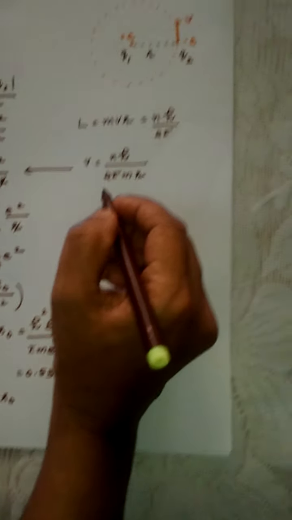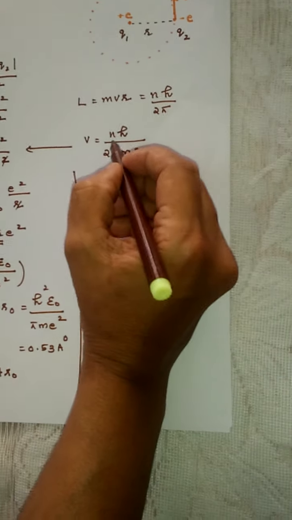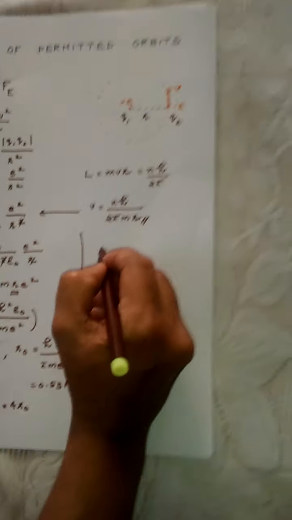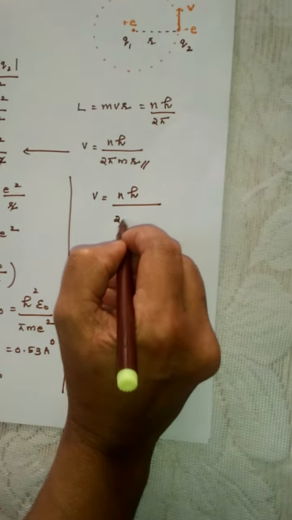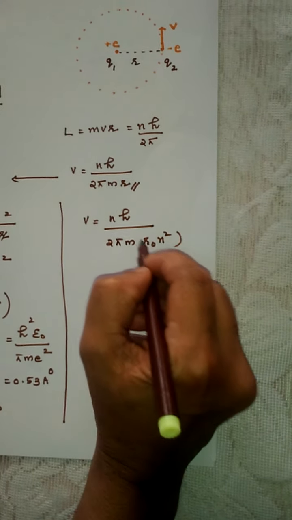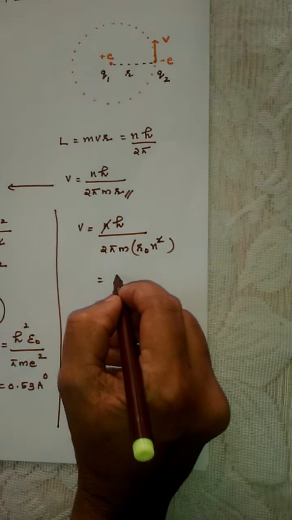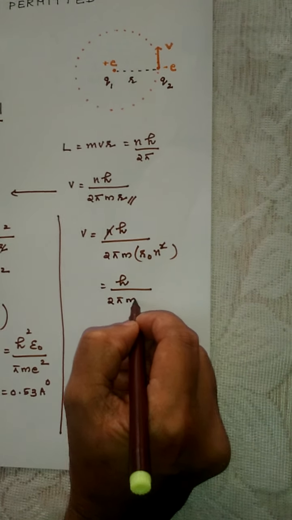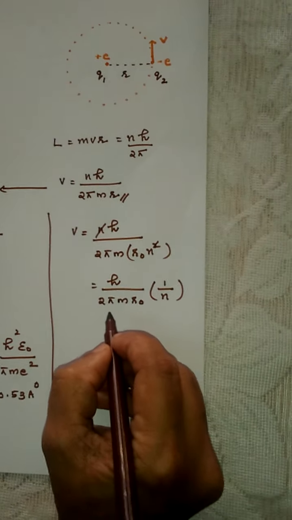And now let us find the velocity. Velocity is nh by 2 pi mr. Let us substitute for radius. So v is equal to nh by 2 pi m into r, where r is R0 n square. One n you can cancel. So h by 2 pi m R0 into 1 by n.